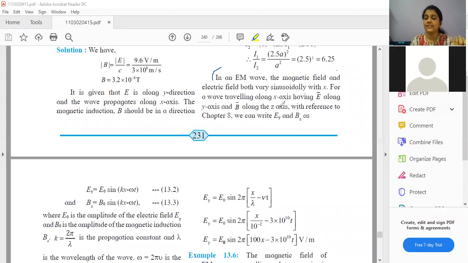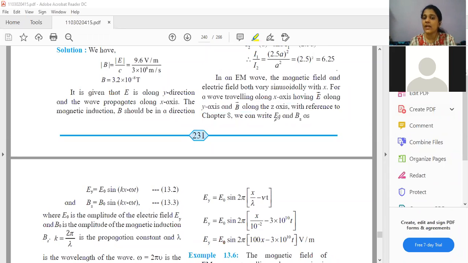It stated that in our EM waves, the electric field and magnetic field vary sinusoidally, that is, they move in a sine wave fashion. If I consider that my wave is traveling along the x-axis, my EM wave is propagating on the x-axis, where my E vector, the electric field, is along the y-axis, and my B vector, the magnetic field, is along the z-axis.